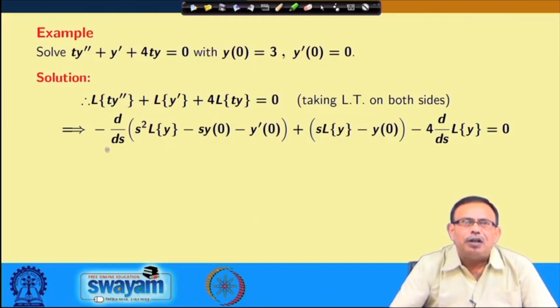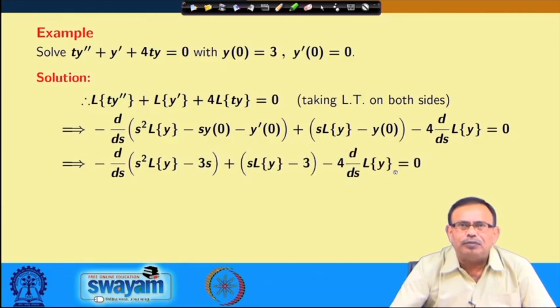I substitute the value for that, plus Laplace transform of y dash, which I know, s into Laplace transform of y minus y0. Again, Laplace transform of t y is minus d/ds of Laplace transform of y. Please note these things. So it will become minus 4 into d/ds of Laplace transform of y.